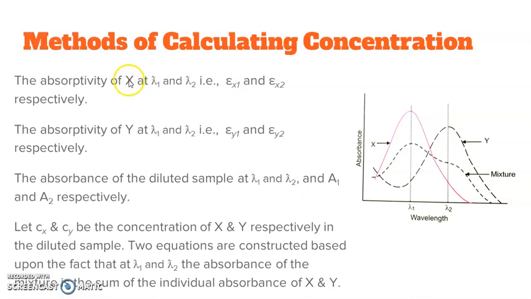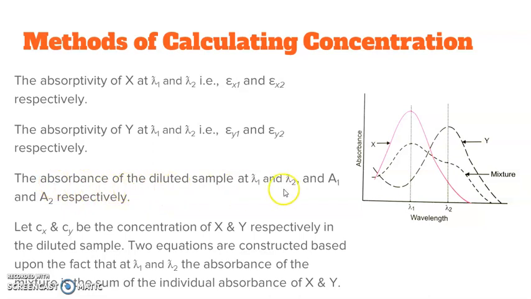For paracetamol, we determine it at its own wavelength and at the ibuprofen wavelength as well. Similarly, for ibuprofen, we determine it at paracetamol's wavelength as well as its own wavelength. So we have the absorptivity values calculated at both lambda 1 and lambda 2 for ibuprofen, and similarly for paracetamol.